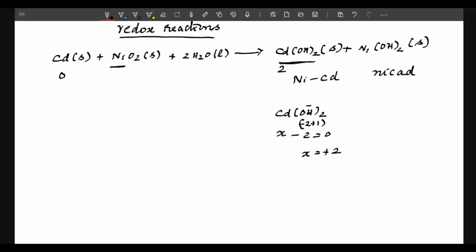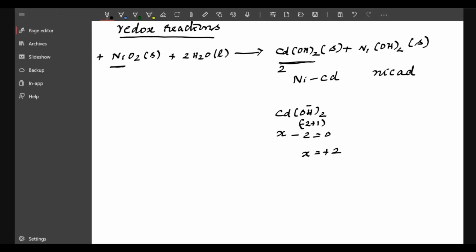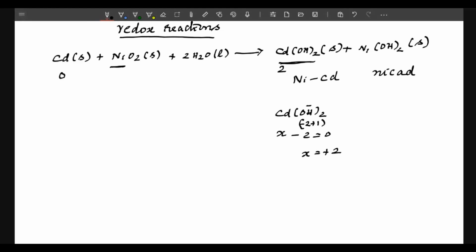If cadmium is undergoing oxidation, the other reactant should be undergoing reduction. From which oxidation state to which oxidation state? That is essential. What is the oxidation state of nickel? If you apply the same principle, you can immediately tell it is +4 in nickel oxide. And on the product side, what is the oxidation state? Since the nearby species is undergoing oxidation, this one is definitely undergoing reduction.